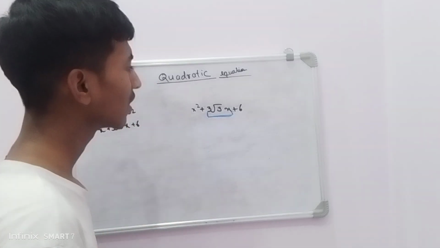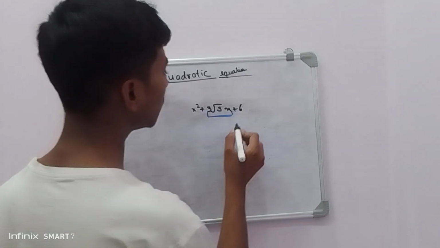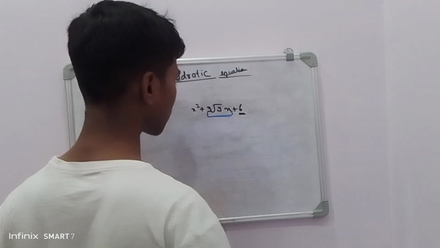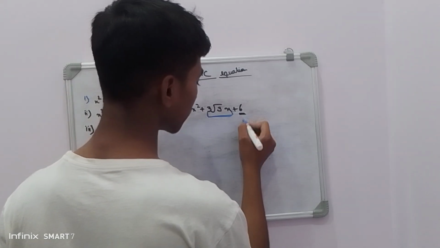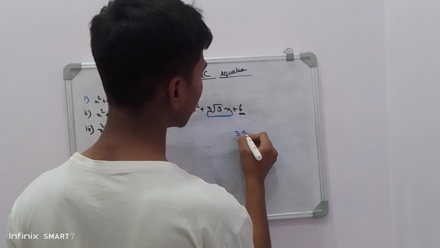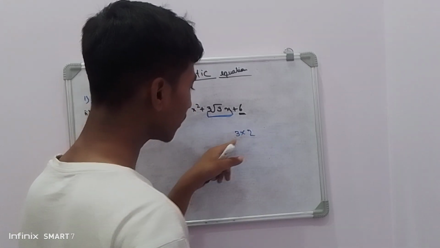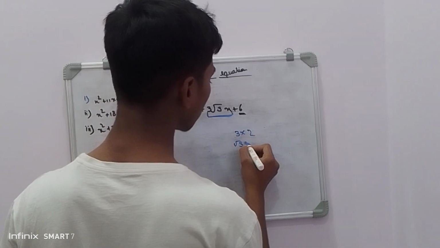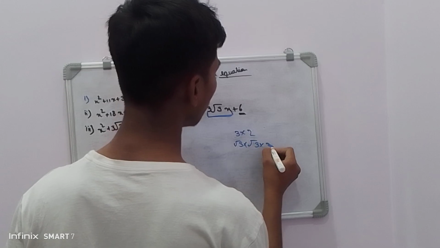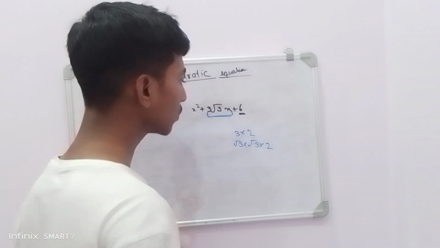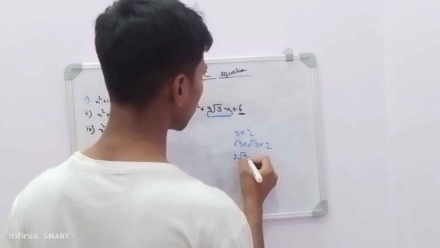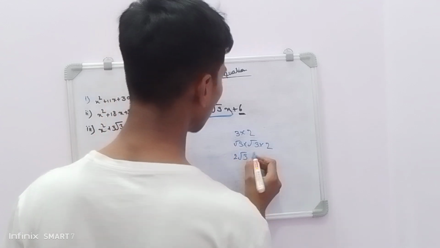So how could you think? For this, you could split this 6. 6 can be written as 3 into 2, and 3 can be written as root 3 into root 3, into 2. So you could write here 2 root 3.